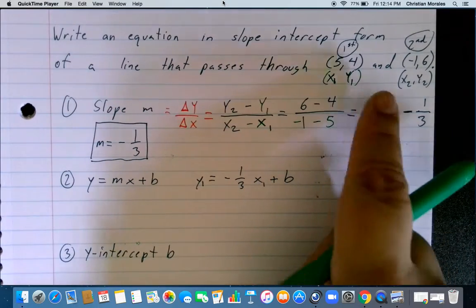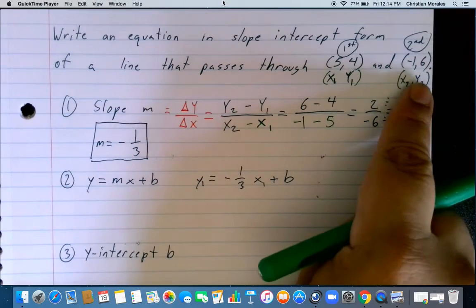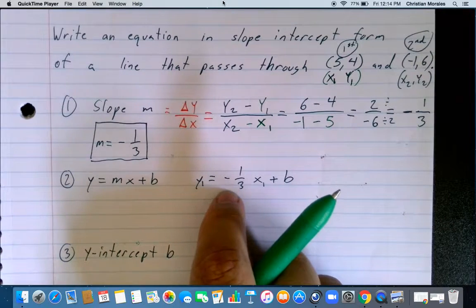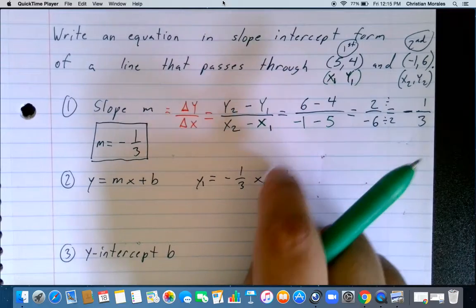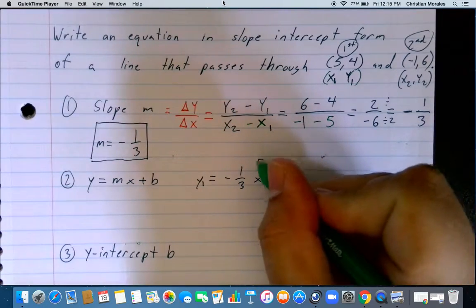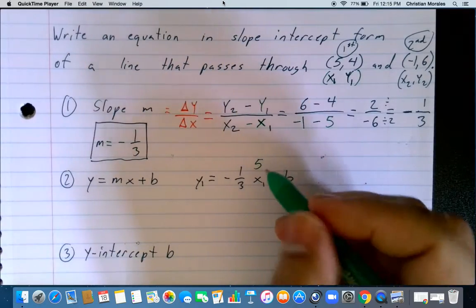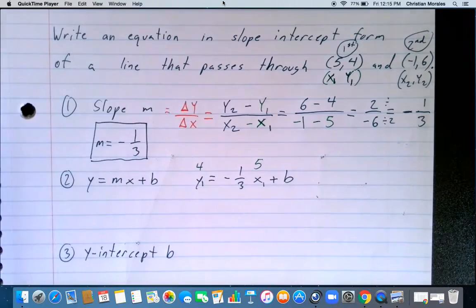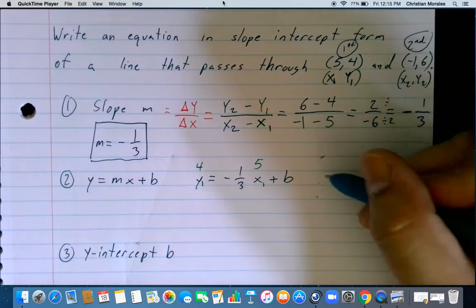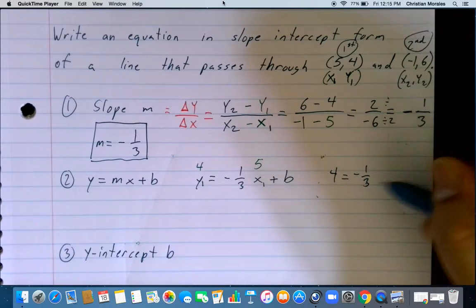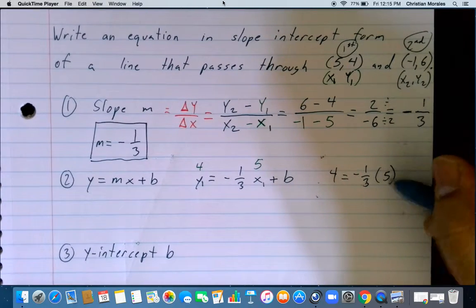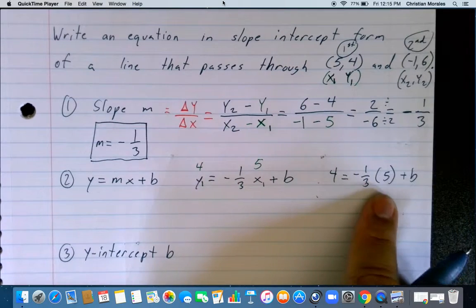I'm going to put in the first point they give me. You can plug in the second point if you want, but I'm plugging the first point into the equation. So that means x is going to turn into a 5. So I'm going to put a 5 in here. I'll put a 4 over here. This is what it would look like. 4 equals negative 1/3 times 5 plus b.